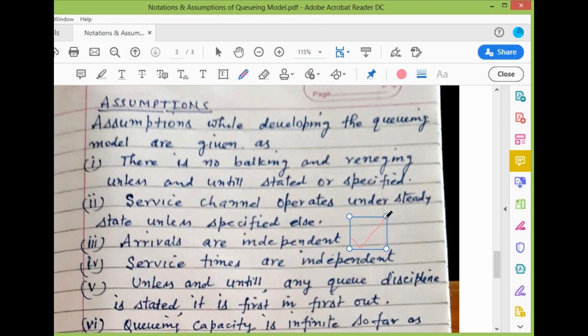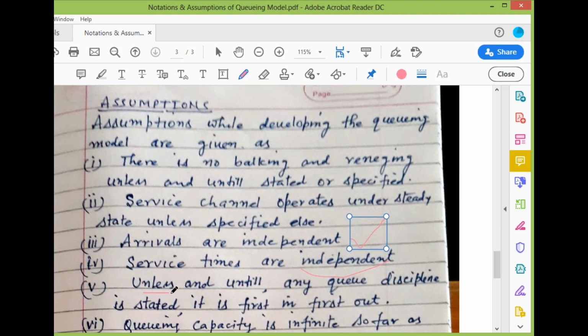They must be independent, otherwise we cannot take the help of these distributions. If we cannot, then the study cannot be analyzed, and the analytical and mathematical discussions are not possible. Service times are also independent. So you can say both arrival and service times are independent.